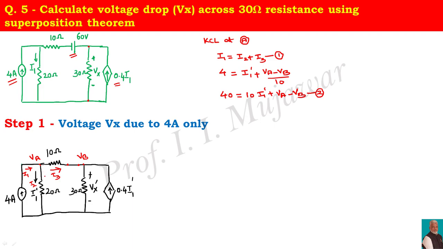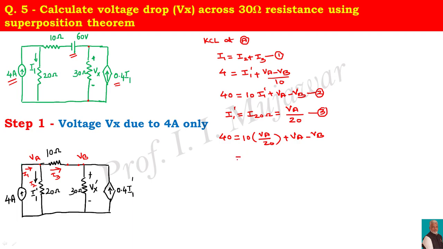But the value of I1 dash is given. So I1 dash is nothing but I 20 ohm. So this is nothing but potential VA divided by 20. So let this be equation number 3. So if I use equation 3 in equation 2, then the term comes out to be 40 is equal to 10 VA by 20 plus VA minus VB.